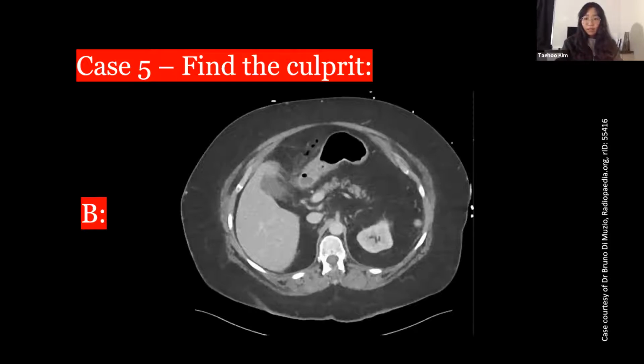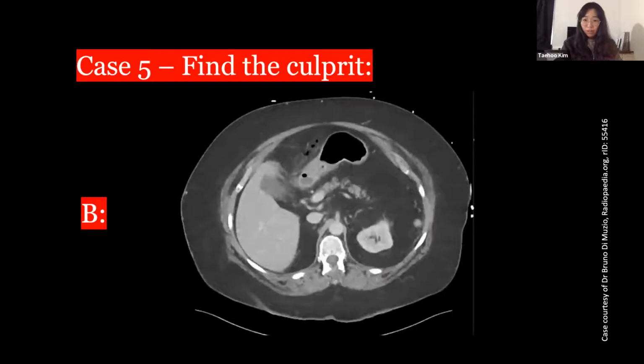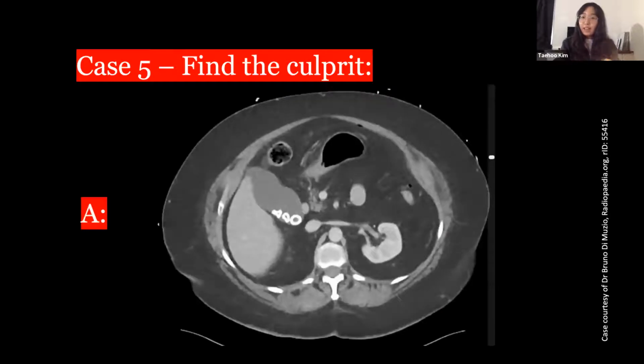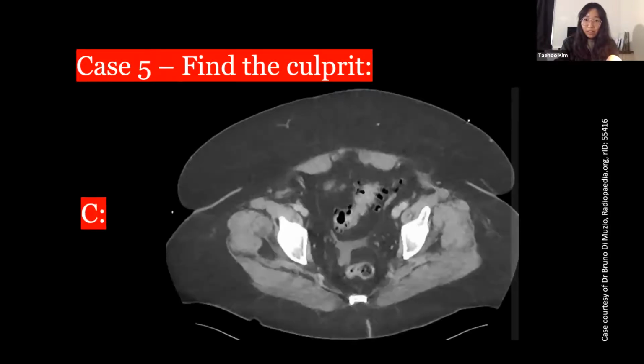And then the last one, further down in the pelvis, now we have the sigmoid, some free fluid. Okay, so it's all the same patient. Do you think it's A that's causing the patient's pain, B, or C? Anyone? Is it B?